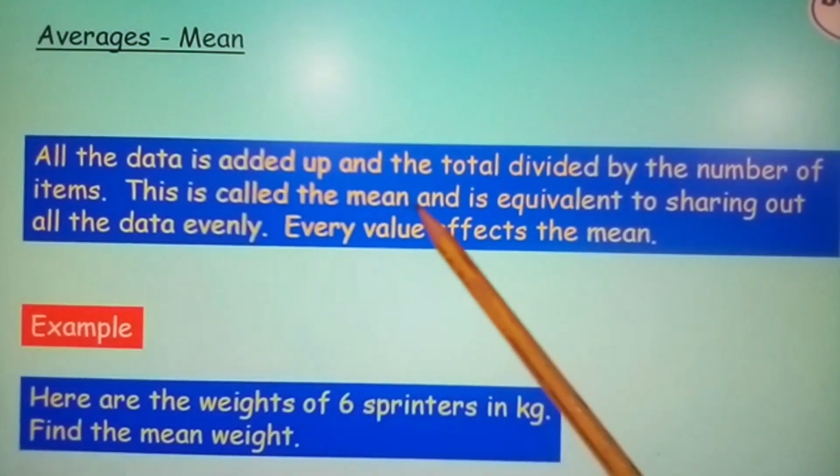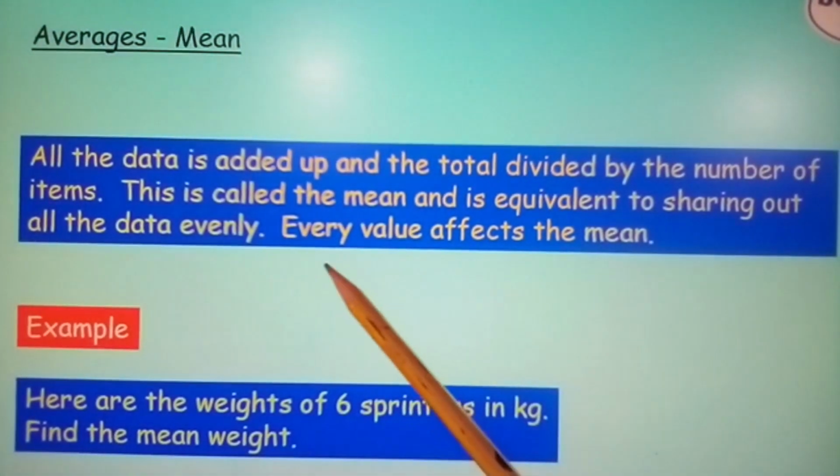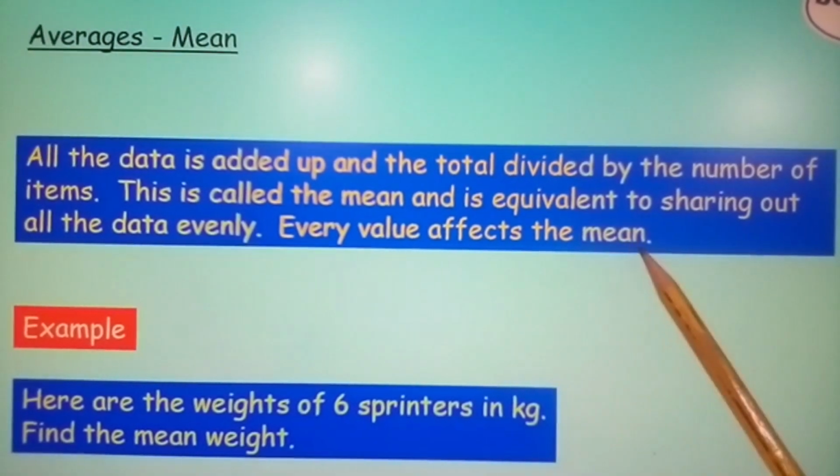This is called the mean and is equivalent to sharing out all the data evenly. Every value affects the mean.